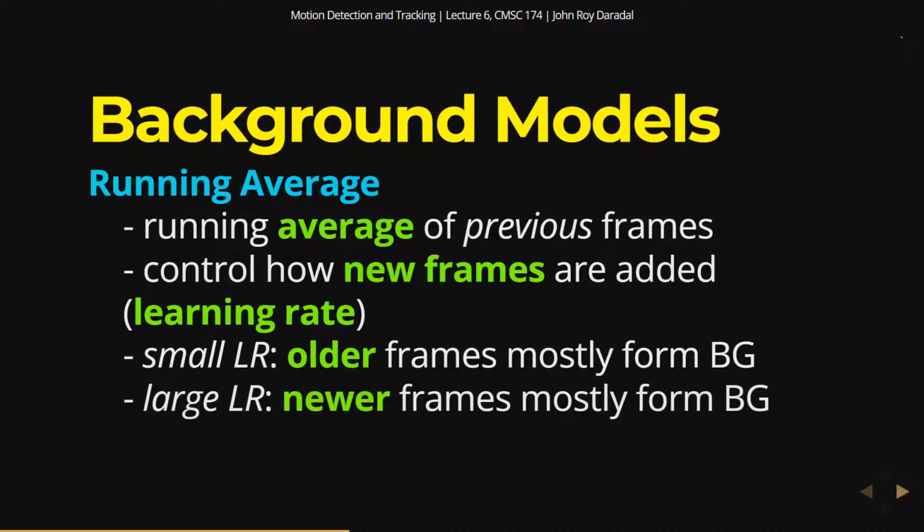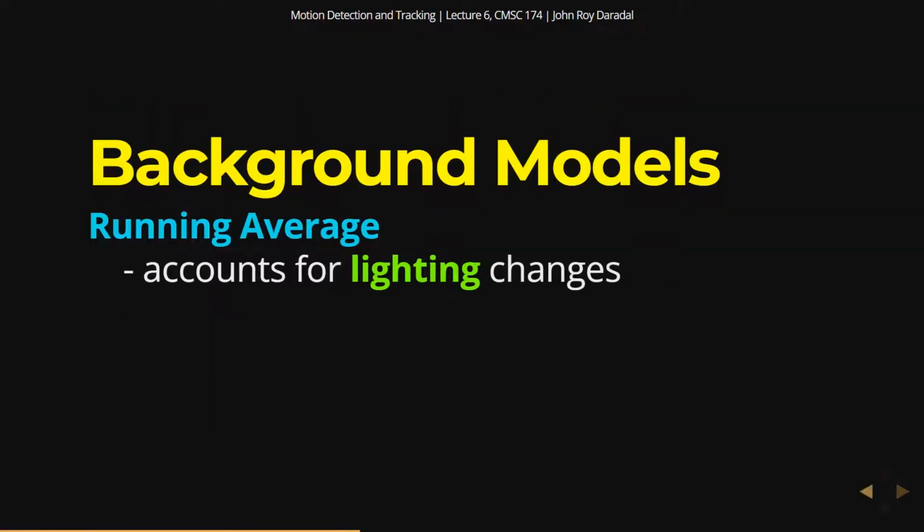But if you have a large learning rate, then you rely a lot on the new frames to make up most of the background, and you forget the older frames easily. So newer frames mostly form the background with a large learning rate. You can experiment on the learning rate to see how well you update the background model. We'll also see an example of this later on in the demo.